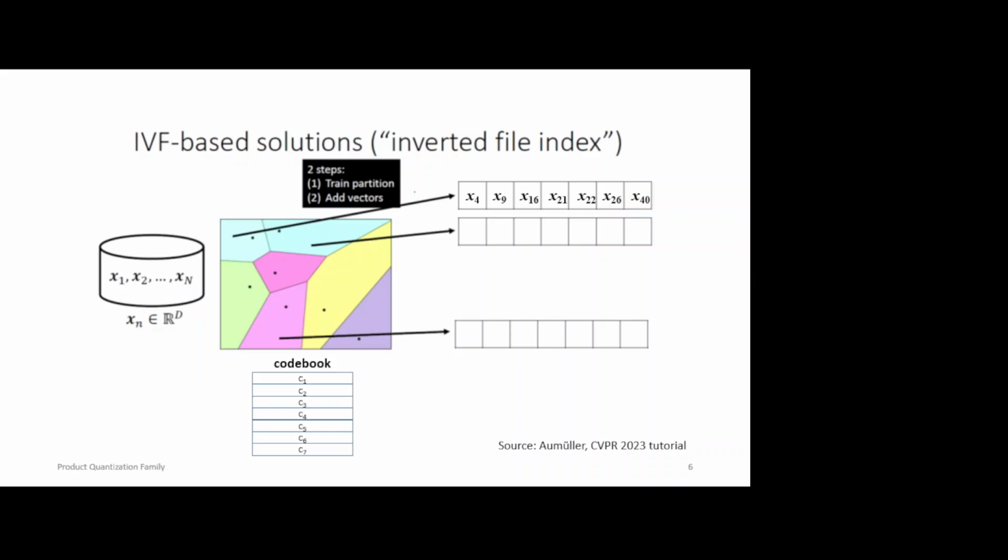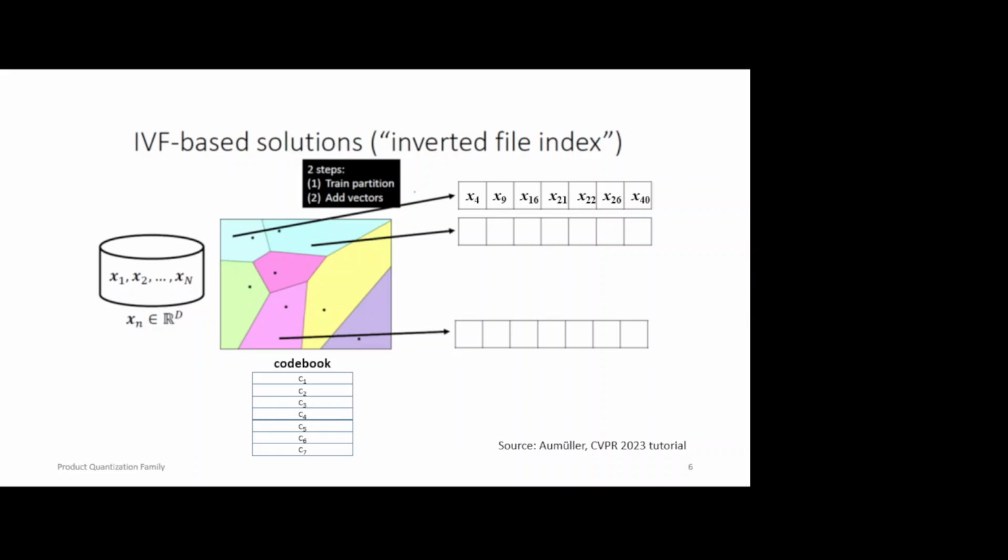Next we can also use this information to build an inverted file-based index structure. Let me give the details about how to build the inverted file index. We abbreviate it as IVF.